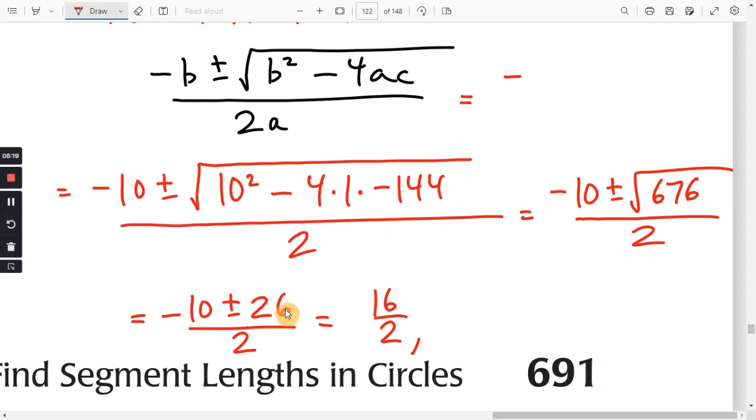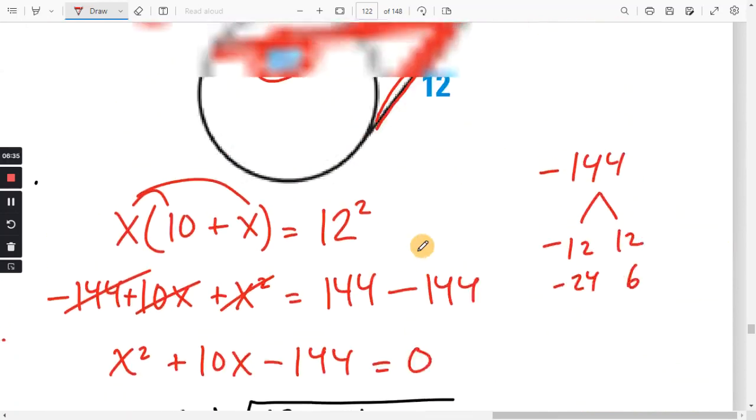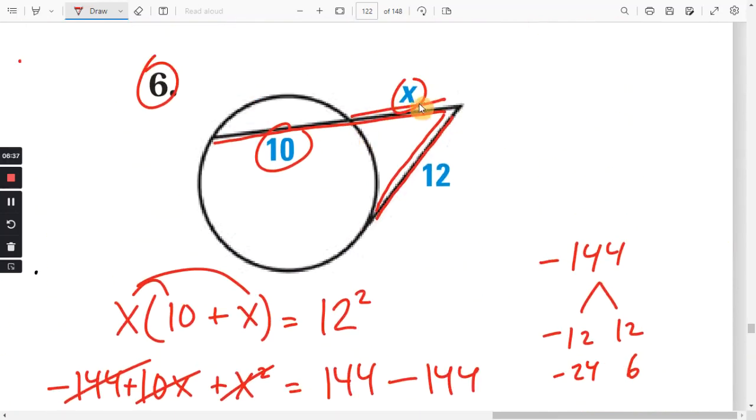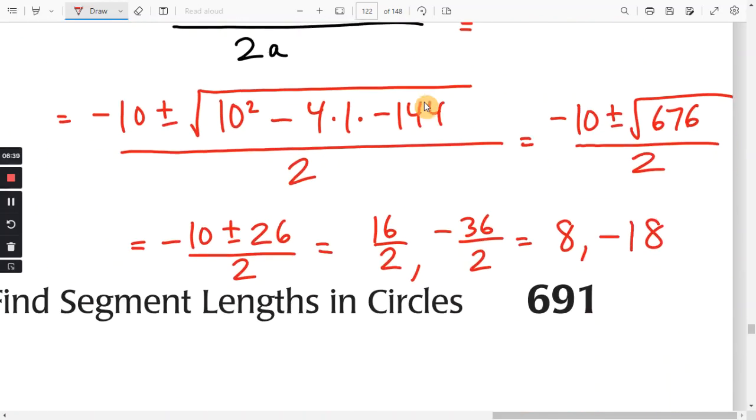Negative 10 minus 26 is negative 36. And that's divided by 2. 16 over 2 is 8. Negative 36 over 2 is negative 18. Now, if we look here, x is a length, okay? So this one gets thrown out or discarded, and x equals 8.